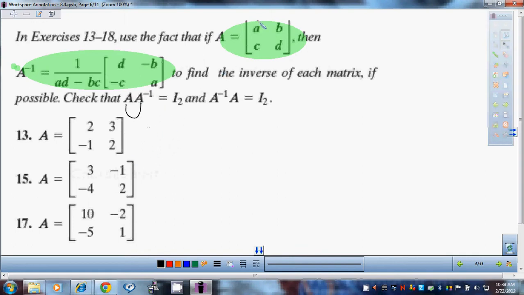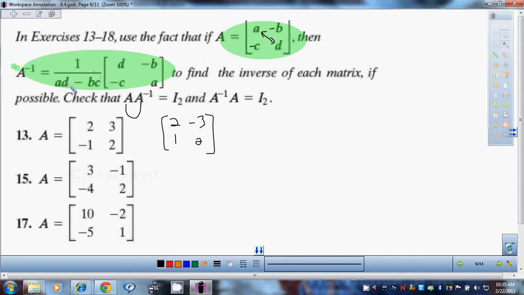Given that we start with some random A, B, C, D, the inverse of a matrix is simply you switch these two numbers and you change the signs on these two. So for this one, switch these two, which are still going to be 2 and 2. Change the signs on these two, -3, +1. And out front, you take 1 divided by the determinant.